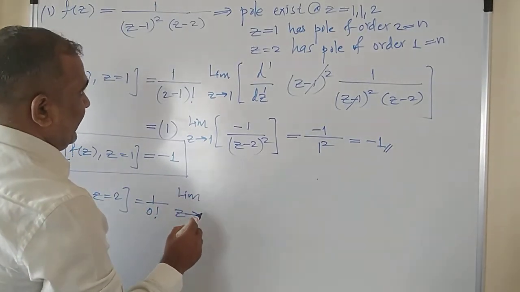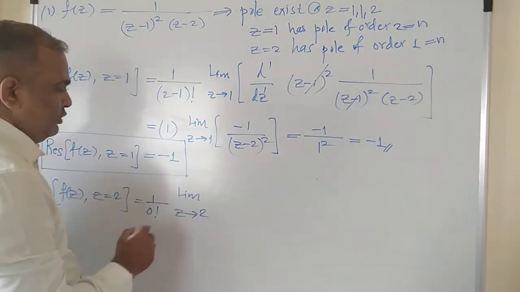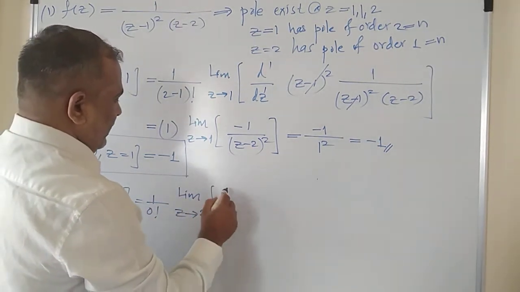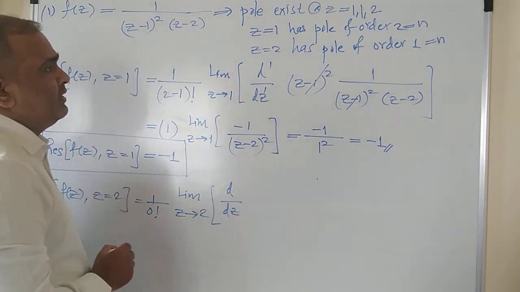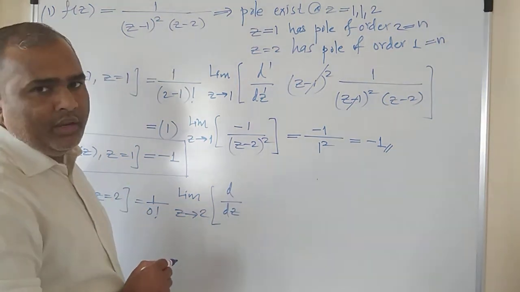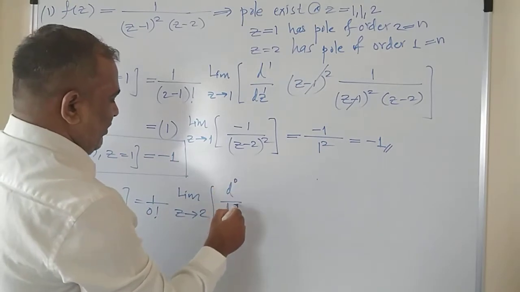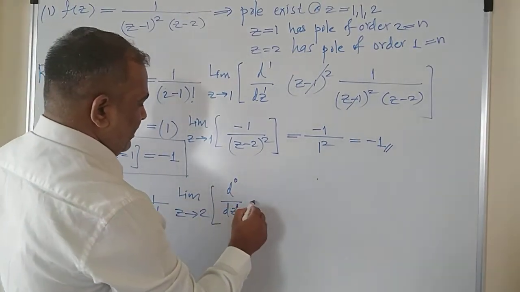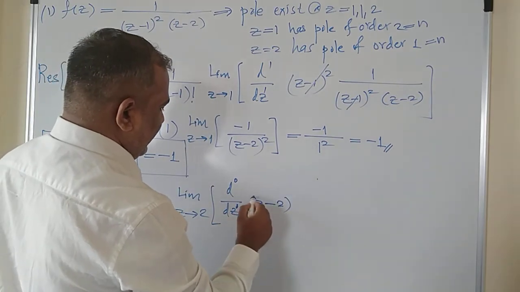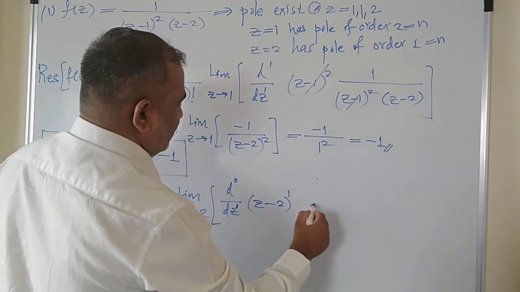z tends to a, that means z tends to 2, into the n minus 1th derivative, right? N minus 1th derivative, what is the value of n? It is 1. So 0th derivative, that means no derivative, of z minus a raised to n into f of z.